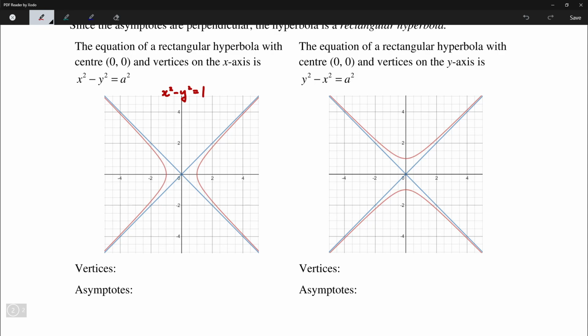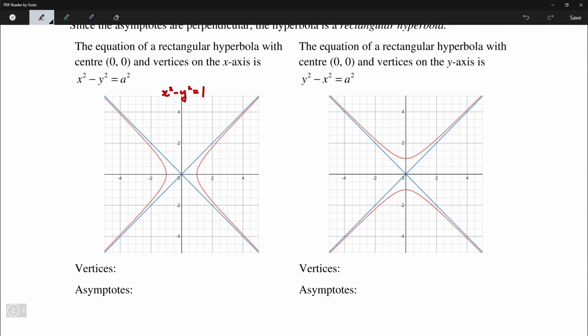It's so-called a rectangular hyperbola because the asymptotes are perpendicular to each other. We can have hyperbolas where the asymptotes are not perpendicular, and that's totally possible. But for now, we're just focusing on the rectangular hyperbola.